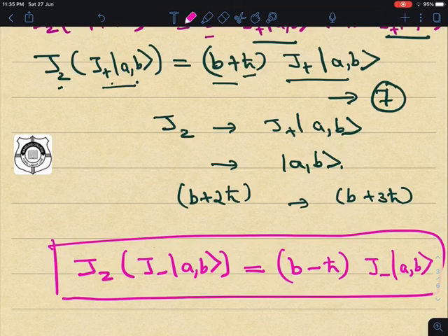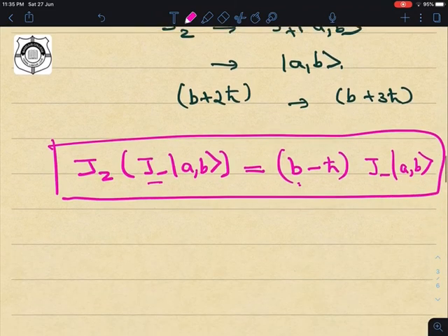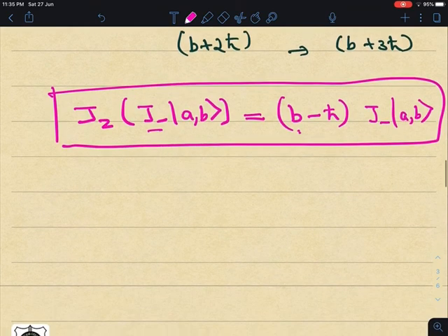So you work it out, have fun with it, and come to the conclusion that it is a lowering operator. Why? The eigenvalue b is getting reduced in steps of h cross. If you act with one more J minus, it will become b minus 2h cross, and similarly you can keep on lowering the eigenvalue b.